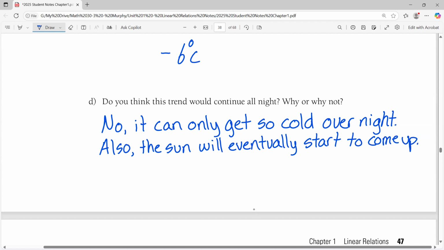Okay. So eventually, there's going to be a point where the sun isn't visible, but you can still see that it's about to come up, right? So that's going to add some heat. So there's a lot of factors. Okay. But the best one is just no, it can only get so cold overnight. Okay. So you can add in anything else you want there. We'll just leave it at that.